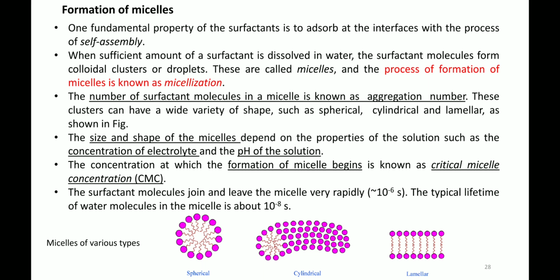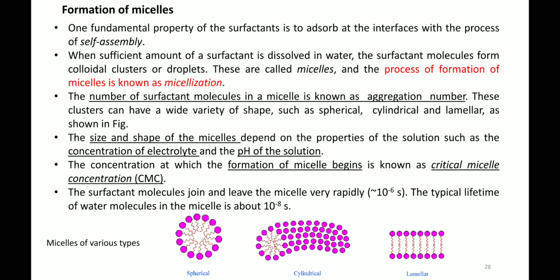These clusters can have a wide variety of shapes. It is not like every time the micelles are spherical in shape. They have a wide variety of shapes such as spherical, cylindrical and laminar, as shown in the figure.